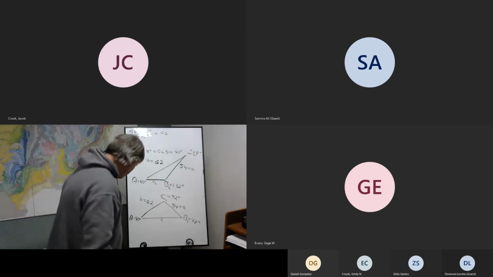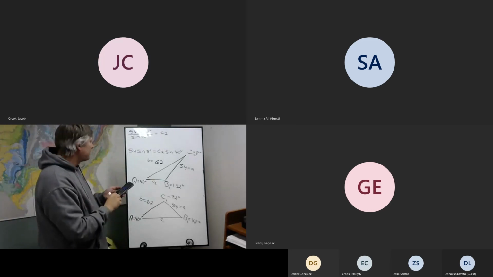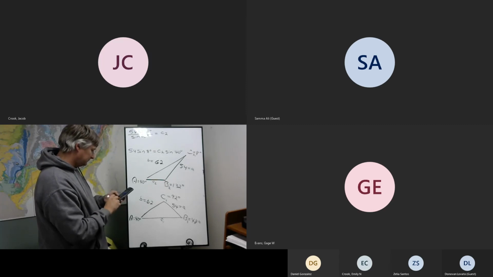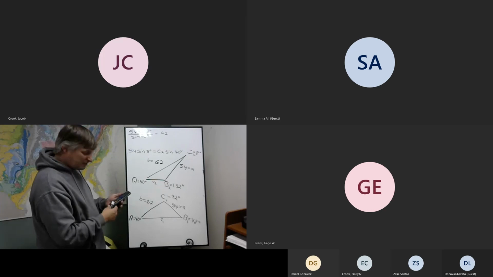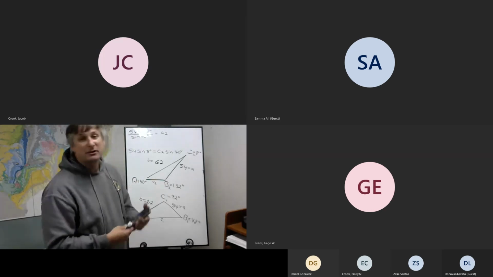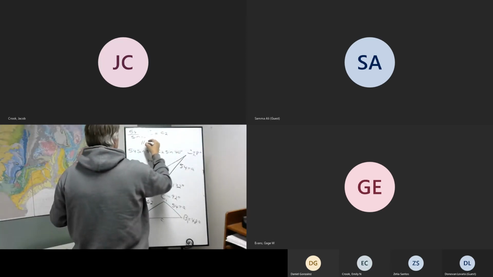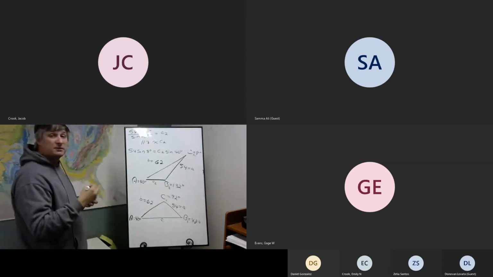And if we hammer out the calculation on my calculator, I would get 11.69, and they're rounding that to 11.7. So 11.7 is approximately side C2 for the top triangle.